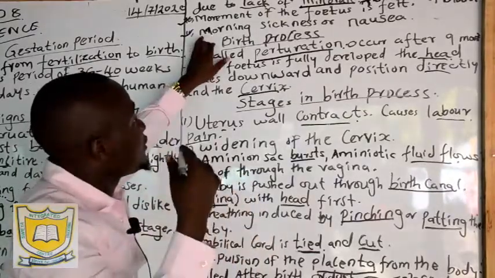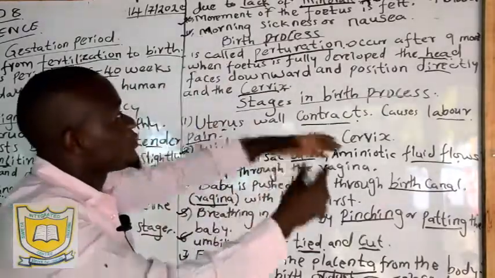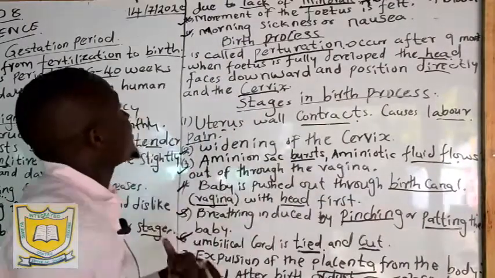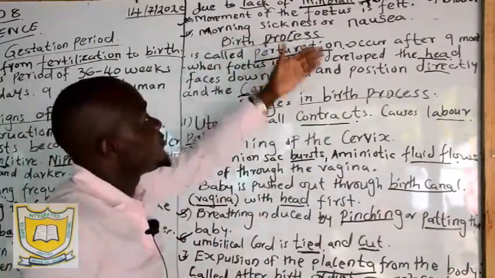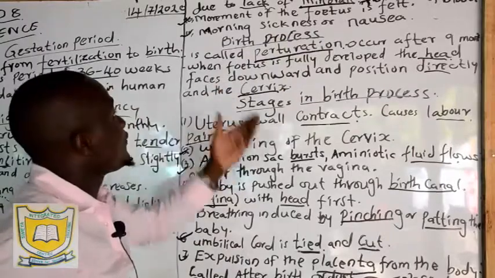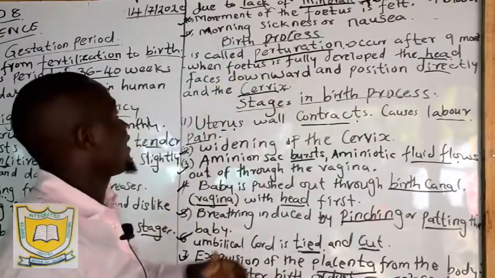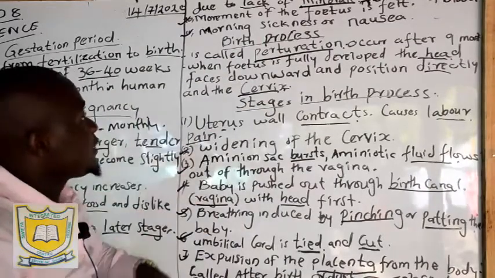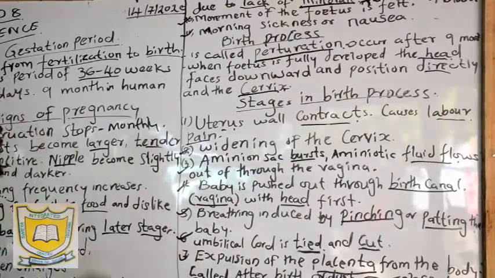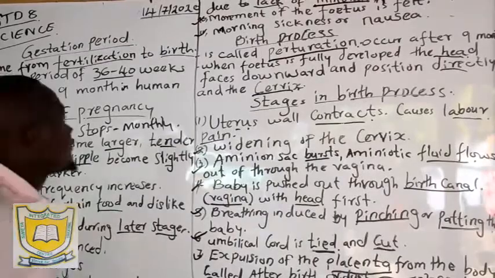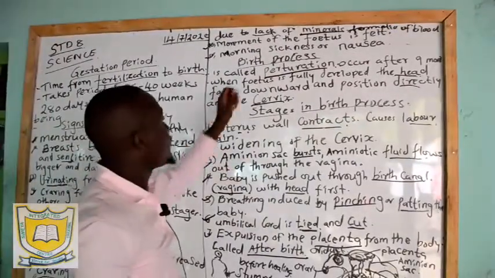If she's experiencing headache, she has to seek medication in the hospital, but not just take medicine, because she may have a pregnancy. So to avoid other issues, you just visit the hospital and check for pregnancy. That is all about the signs of pregnancy. Those are the 11 signs of pregnancy, and it's good to know all of them.